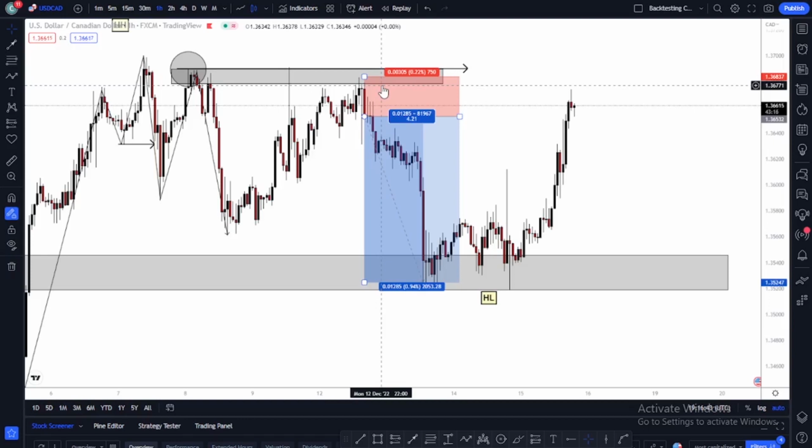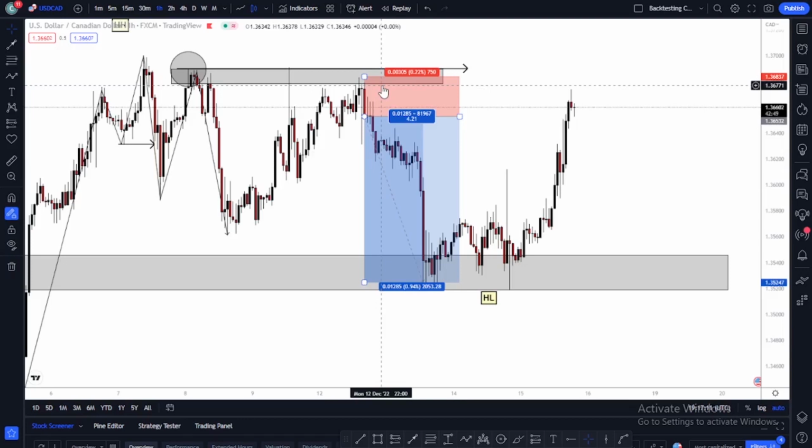I always say this. We still know at the back of our minds that the H4 is still bullish, so we are still looking for buys, or longs, in the long term.